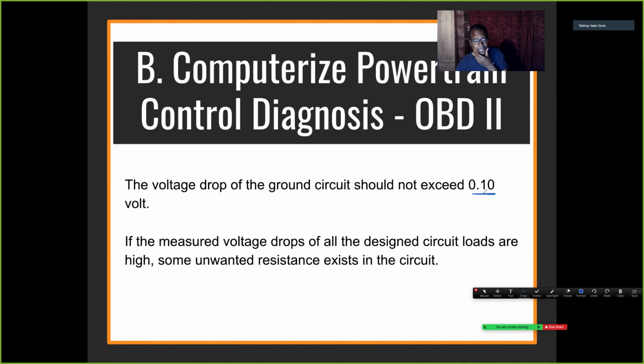Because keep in mind, really quick here, here's a PCM. I keep saying PCM, ECM. Here's the load device. Here's the source voltage, I mean. Here's my load.